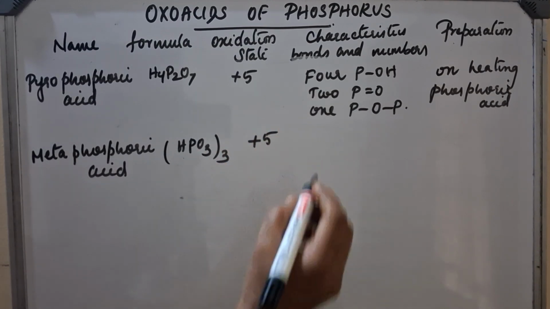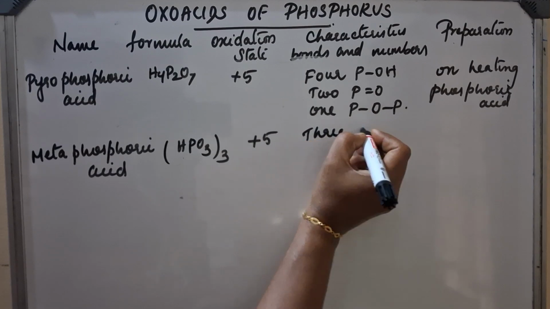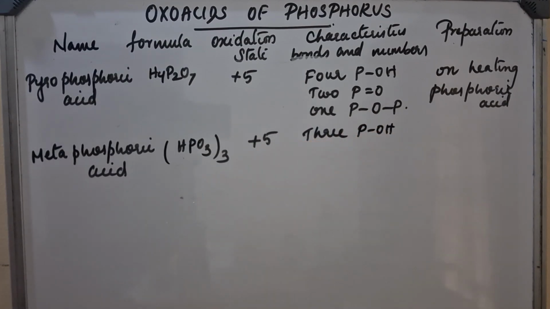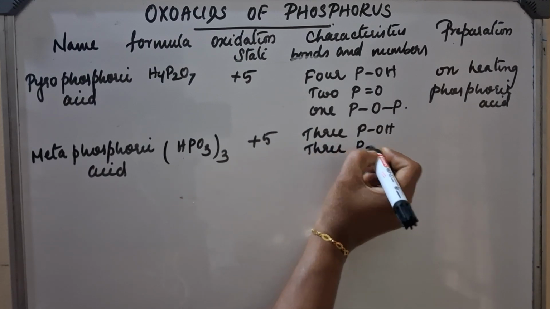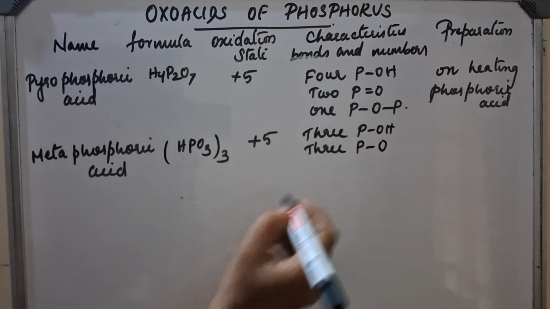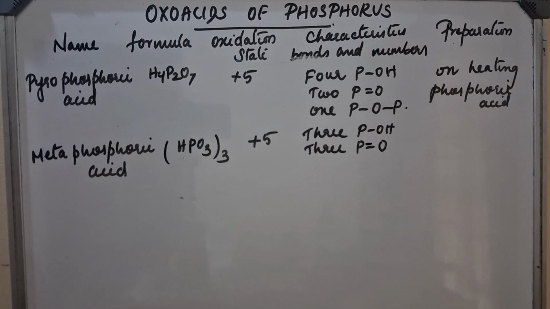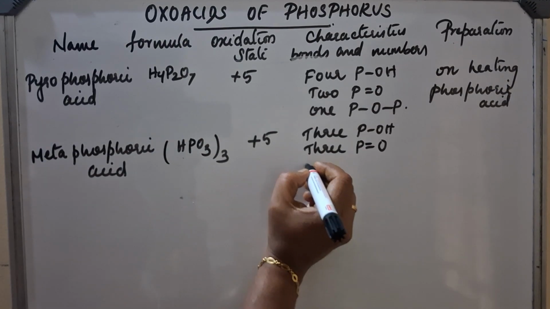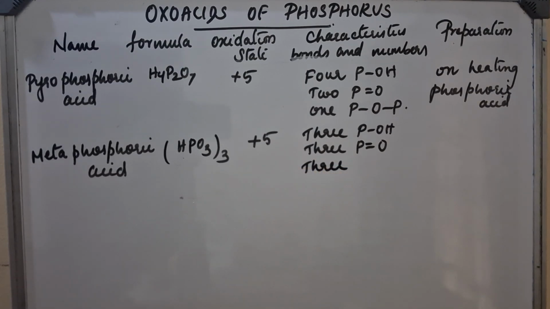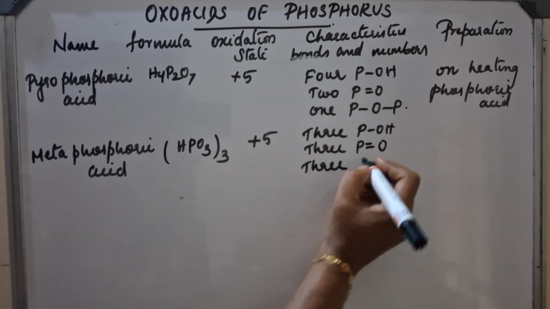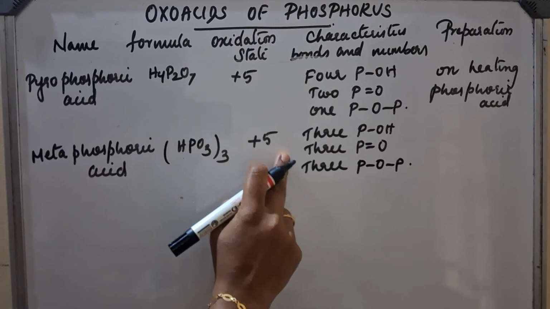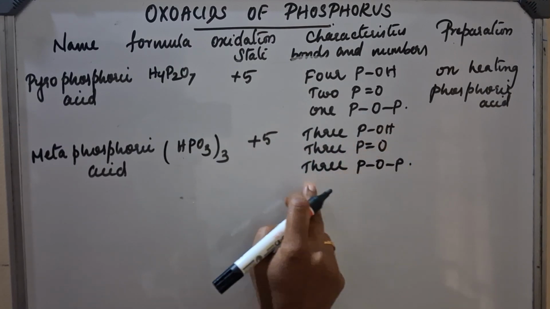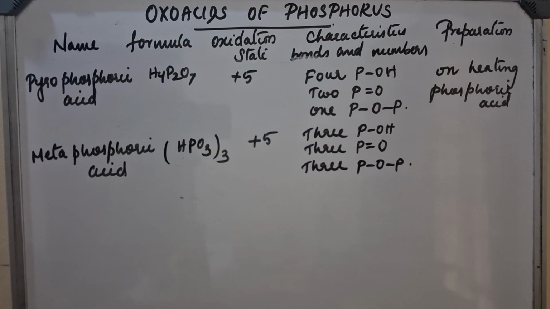Metaphosphoric acid contains 3 P-OH, 3 P=O, and 3 P-O-P bonds. From the structure, we can identify the structures. We will discuss different structures of some of the compounds after this.